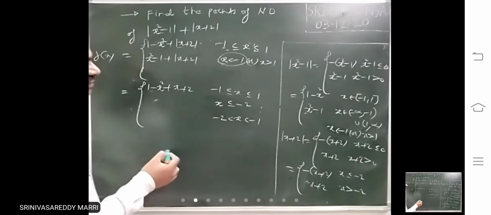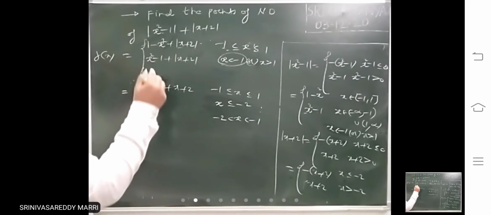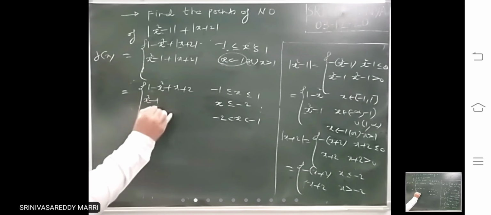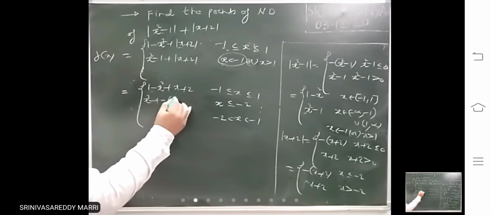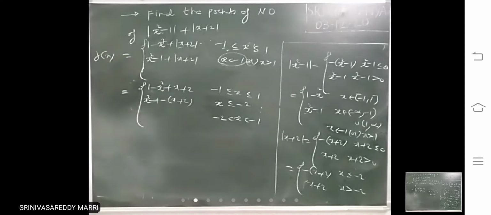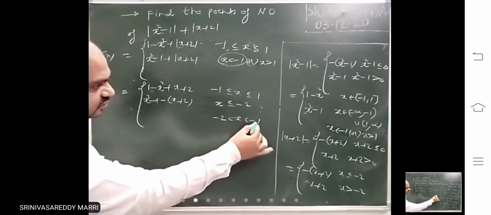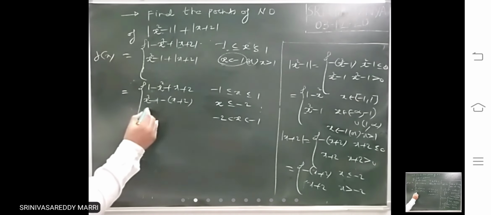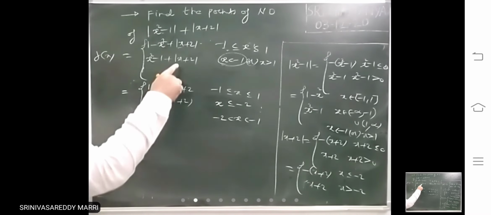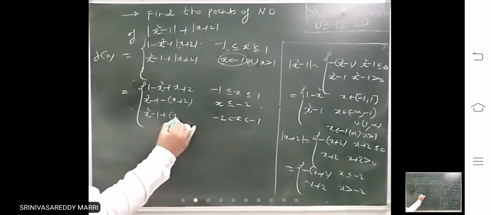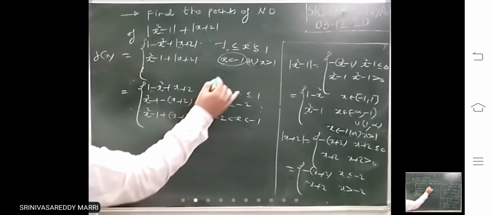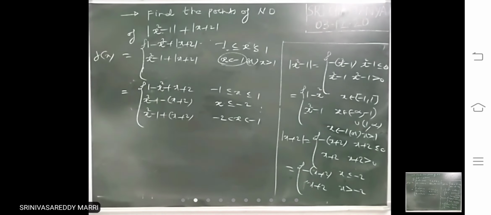x less than or equal to minus 2 means here this is x square minus 1. This is what? This is minus of x plus 2. Then minus 2 to minus 1 means here this is the same. This is what? Plus x plus 2. So for x less than minus 1 I have written.